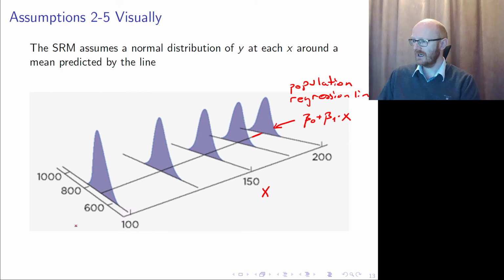So this would be x, and this would be y. And you see that no matter which value of x you would choose, you would get the mean prediction given the population line.